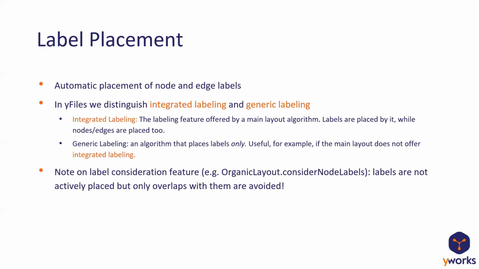The consideration feature means that labels are considered such that overlaps with them are avoided, but the labels are not actively placed. They are not placed in a nice new position, they're just considered to avoid overlaps. This needs to be distinguished from the integrated labeling feature.